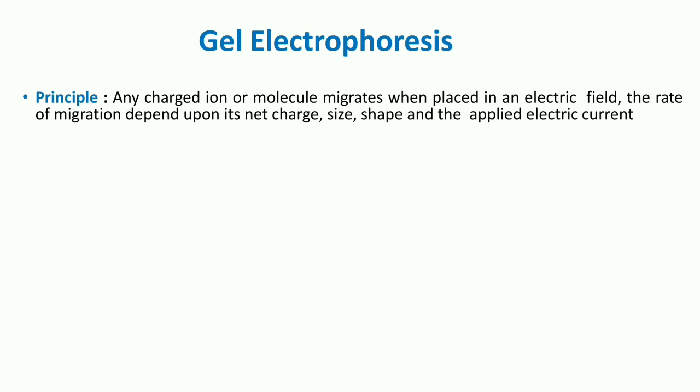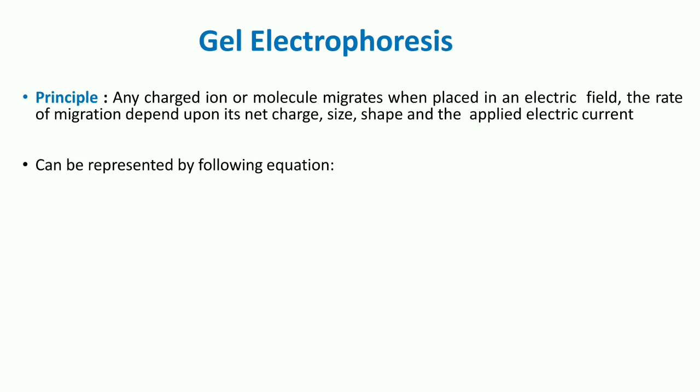So we can say the higher the potential applied, the faster the mobility. The gel strength is also known to influence the movement of proteins. That is, the higher the gel strength, the less the porosity. Due to this, large proteins will migrate at a slower rate compared to smaller proteins.